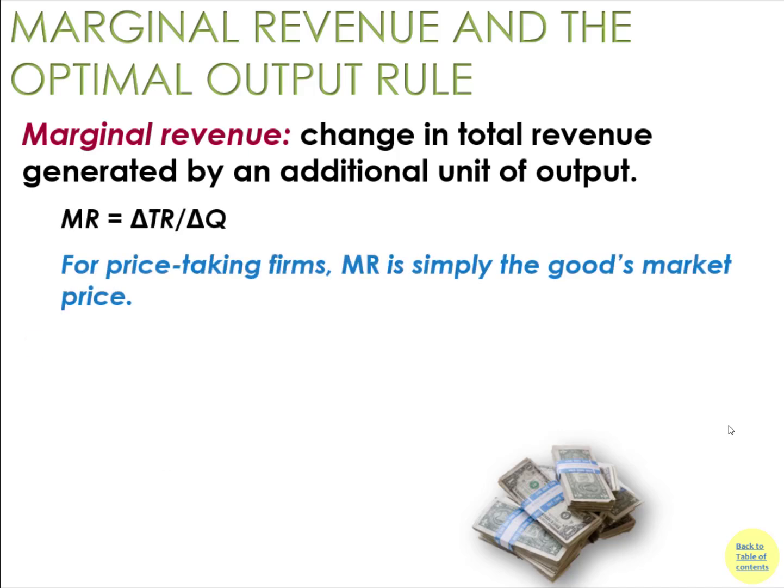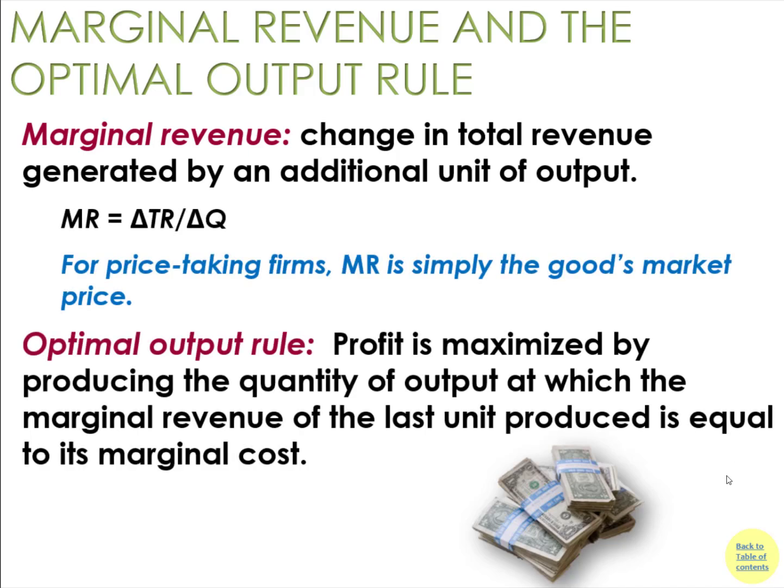So that idea of the profit maximizing quantity being the same quantity that equalizes marginal revenue and marginal cost is known as the optimal output rule. And it basically says that however much you're producing, if you produce one more and it adds more to revenue than adds to cost, you should do it because it's adding to your total profit.